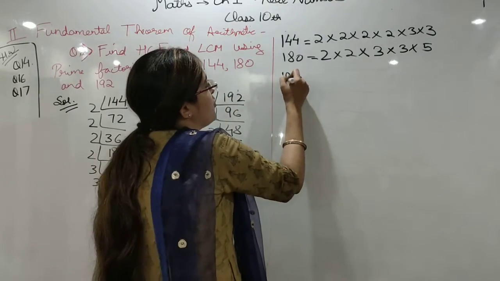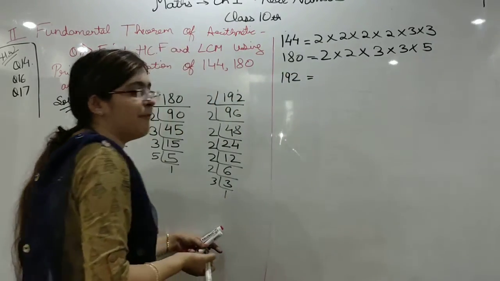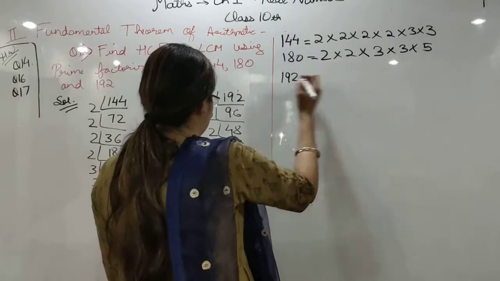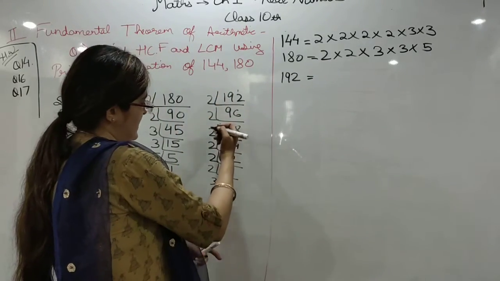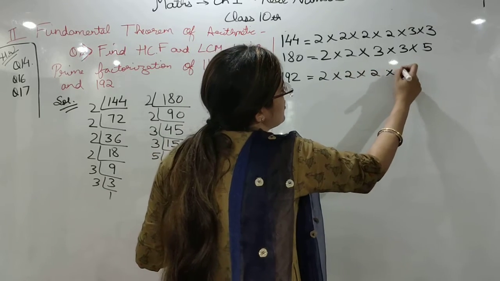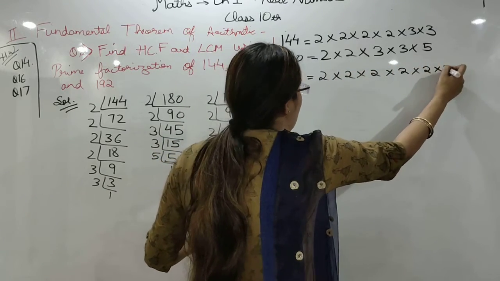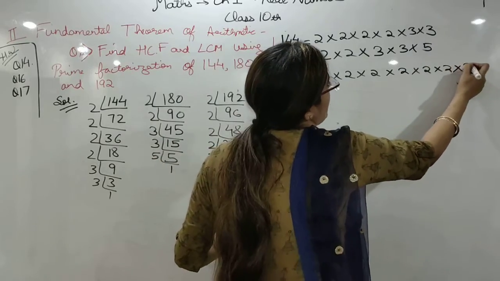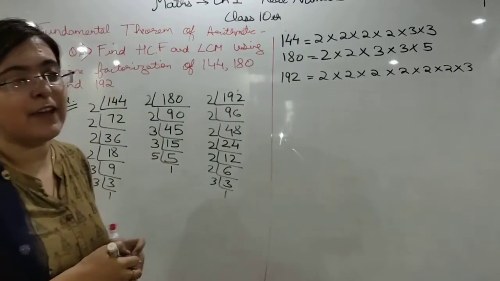Now 192 can be written as 6 times 2 and 1 time 3.